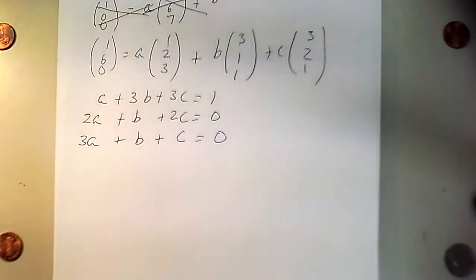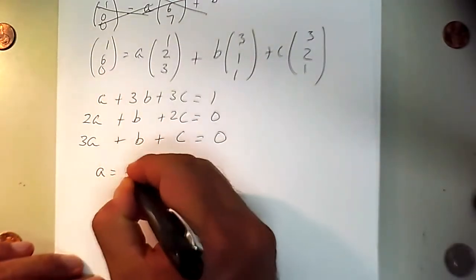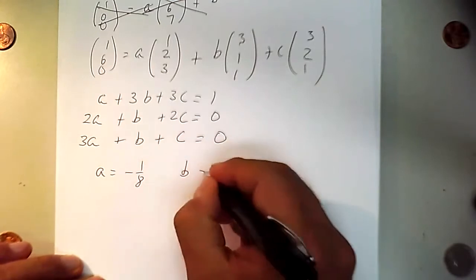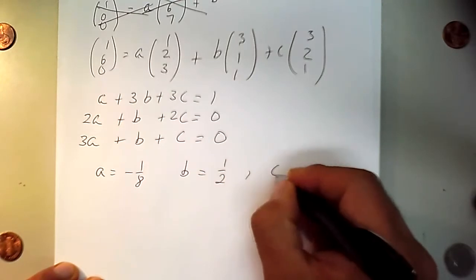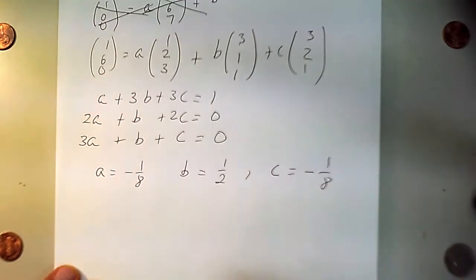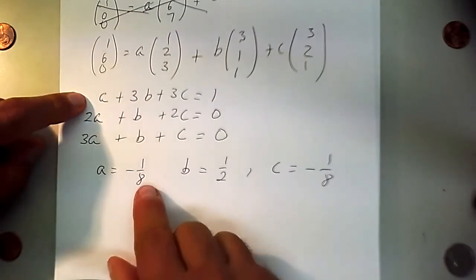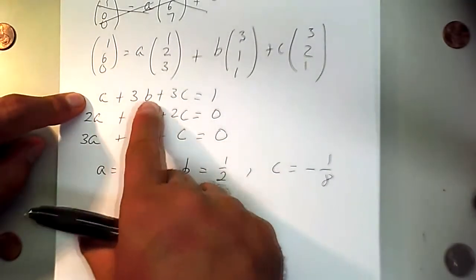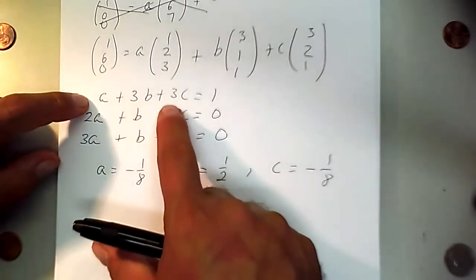And solving this system of equations yields A equals negative 1/8, B equals 1/2, and C equals negative 1/8 again. I just took the time to figure this out, but let's double check. 3B is 1.5, that gives us 1.